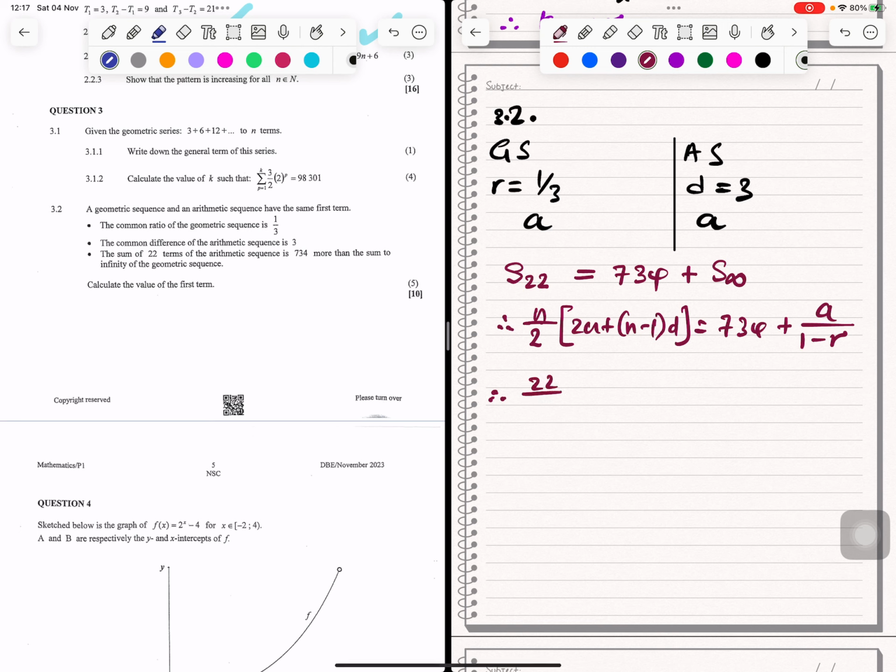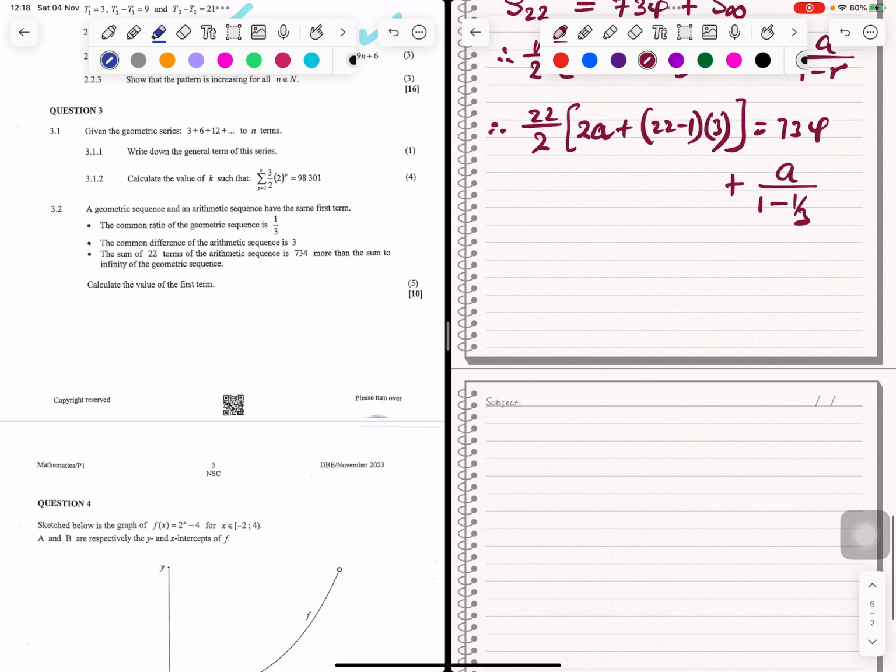So that is 22 over 2 into 2a, since you don't know a, you write 2a there, plus n, which is 22, take away 1, multiplied by the common difference between two consecutive terms, which is 3 that you are given. That is equal to 734 plus a, which you don't know for both of them, over 1 minus r, so it is 1/3.